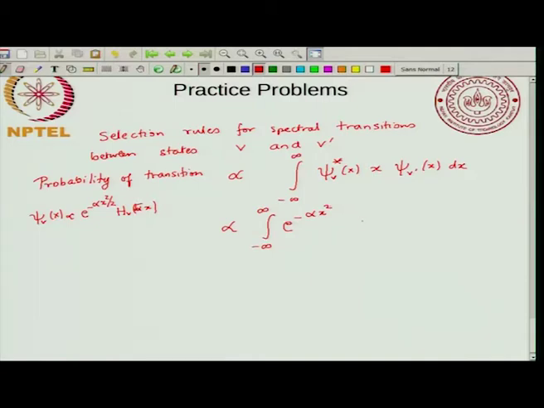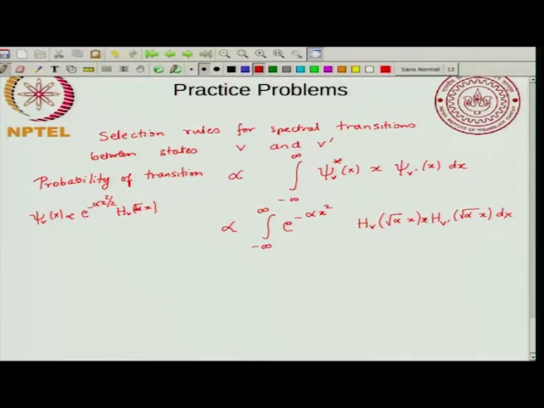Then you have H v of square root of alpha x, H v prime of square root of alpha x, dx. And now you can see this is a really amazing relation.